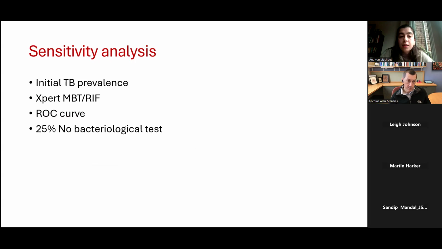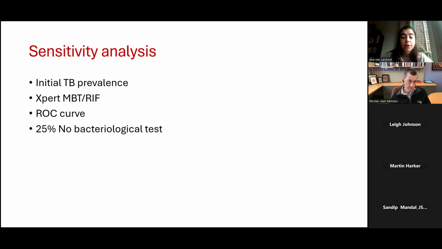To ensure robustness, we did some extra sensitivity analysis. I think I already mentioned that we varied the initial TB prevalence between 5 and 50%. But we also considered what would happen if the baseline sensitivity and specificity we were looking at was actually Xpert MTB/RIF and not Xpert Ultra as we assumed in our main analysis.